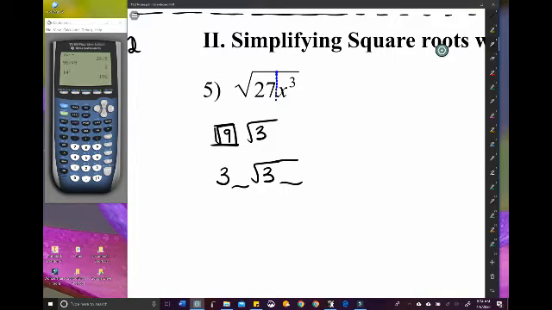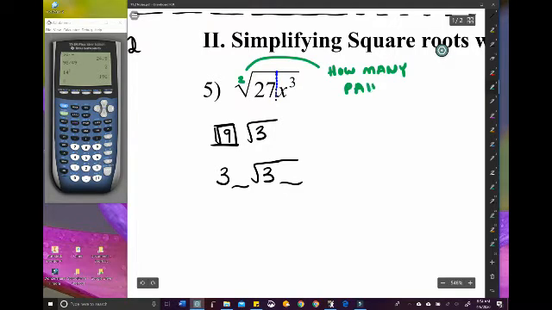With the variable, x to the third, it's important to remember we're finding the square root. So that means we want to know how many pairs of x can come out of the radical.